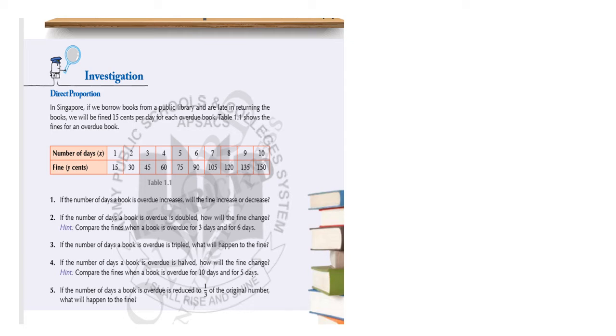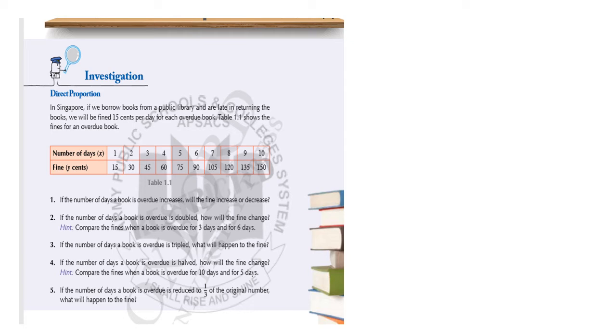Now let's think about it, students, what actually happened. First we take the first question: if the number of days a book is overdue increases. Going back to the table, if for one day the fine is 15 cents, if the days increase, the fine also increases as shown in the table.